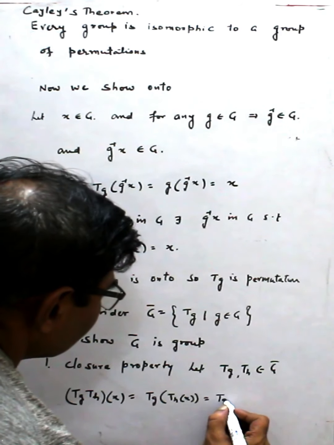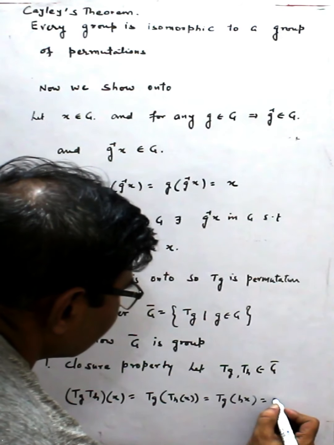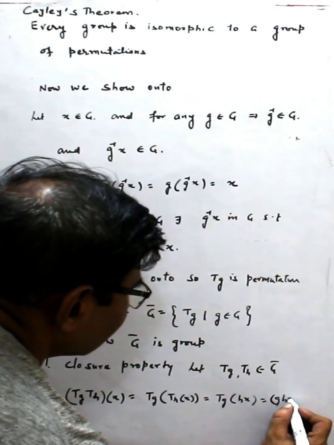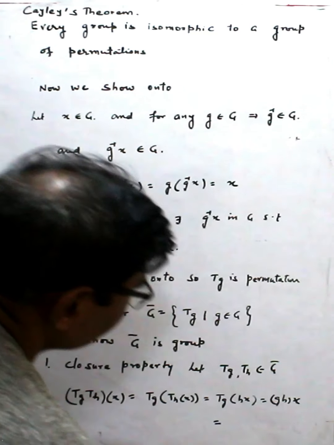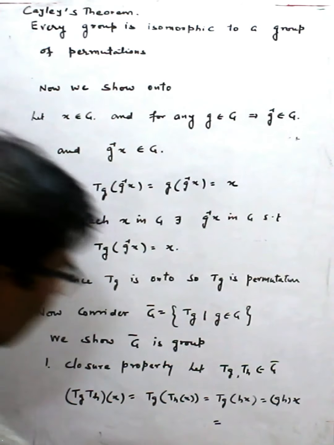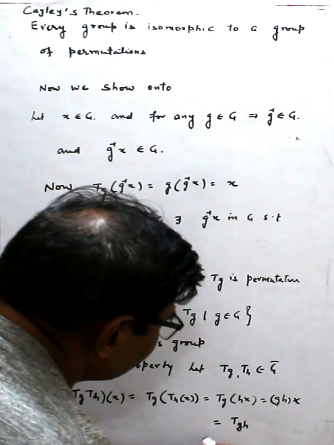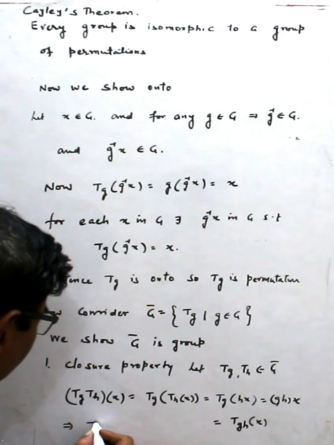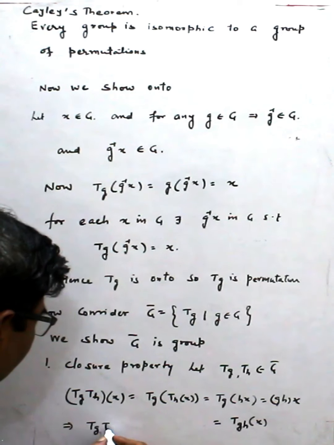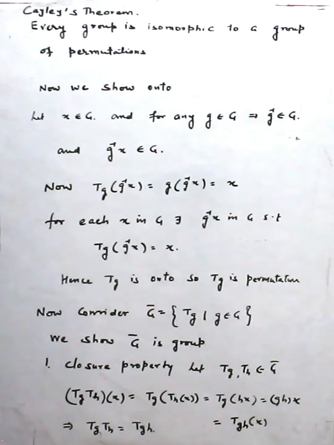This means Tg of h x, this means g h x, and this means T of gh applied on x. From this, Tg Th is equal to T of gh. So the closure property is satisfied.